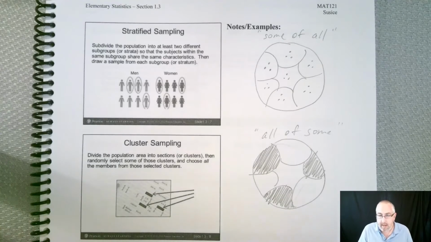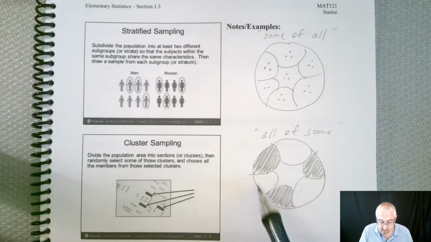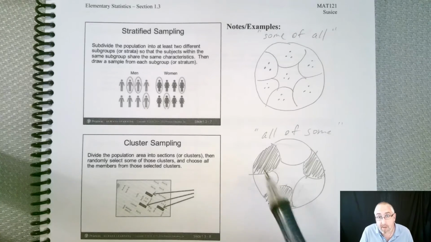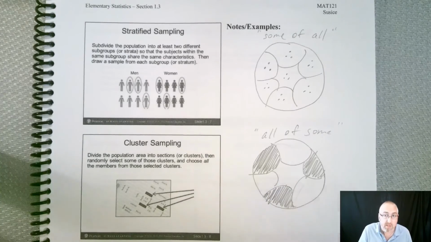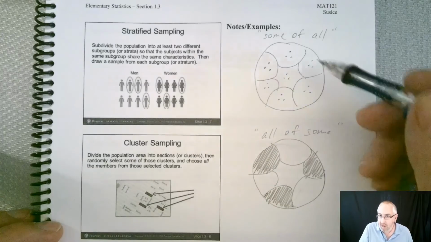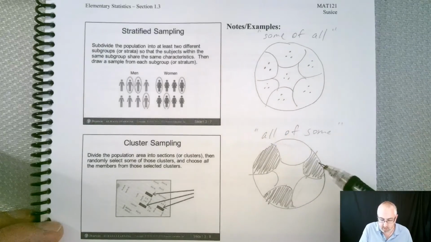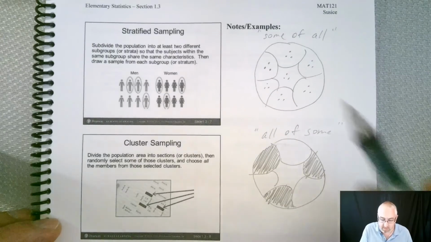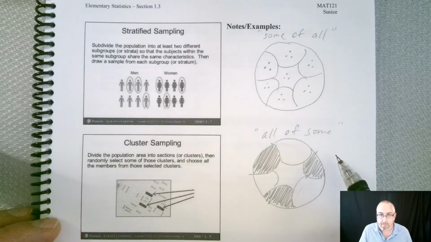So again, it's another way to try to do a sampling. Really, this isn't random, because if it was random, I might have picked this subgroup right next to this one, or the one in the middle or something like that. But it is a way to get a sample. So that's, I think, the best way to differentiate between these two: some of all, and all of some.